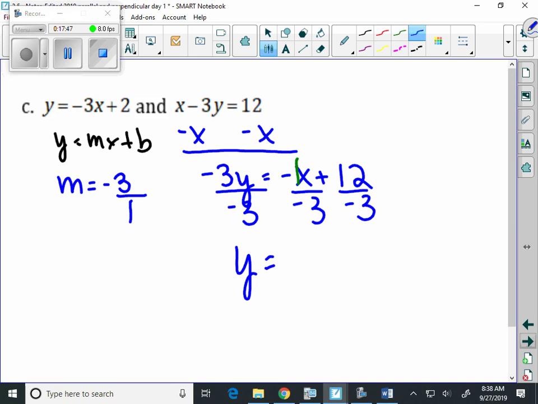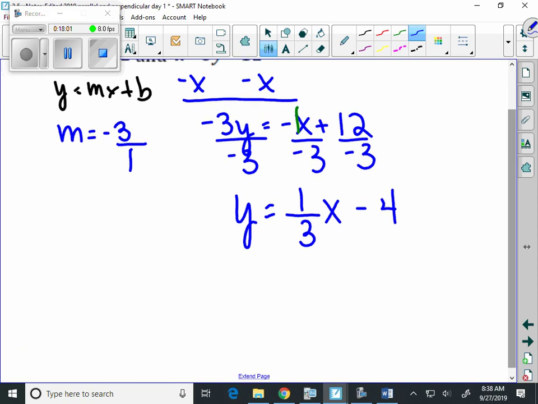So what we have over here is -1 divided by -3, which is positive 1/3 x. And then positive 12 divided by -3 is -4. We solve for y. And now we can identify the slope of this particular equation.